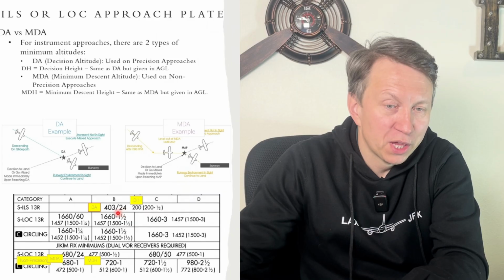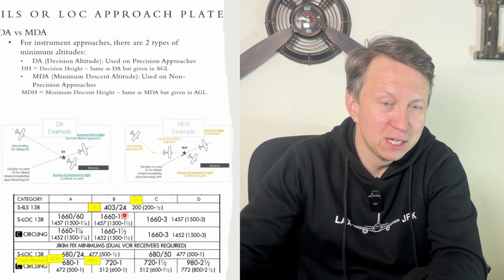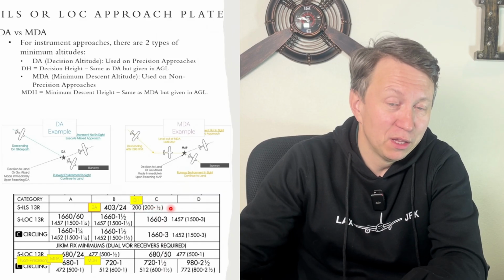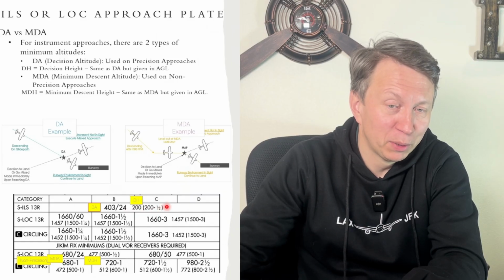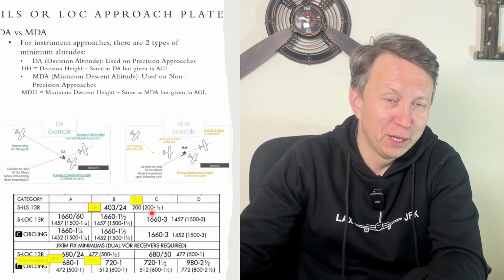The number with a slash, that's your RVR minimums, which will translate to a flight visibility. And the numbers in brackets down at the very end of the line mean nothing for us. If you look in the legend for the plate, it says those are for military use only, and then the next line says military pilots use their own stuff anyway.